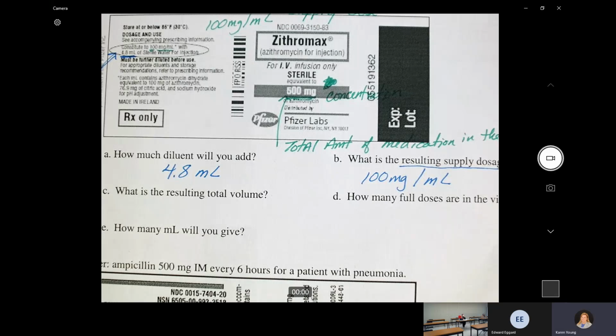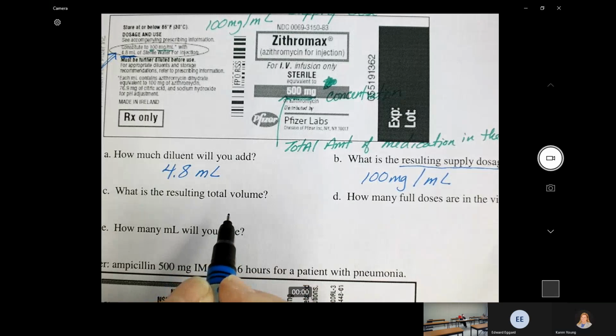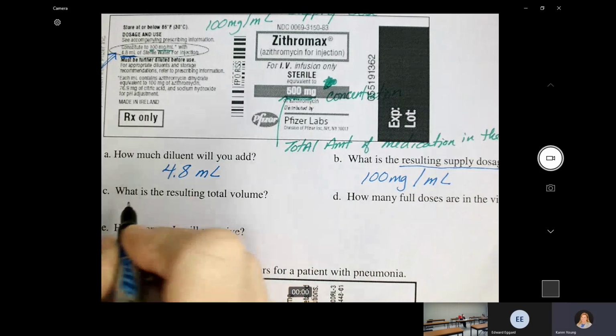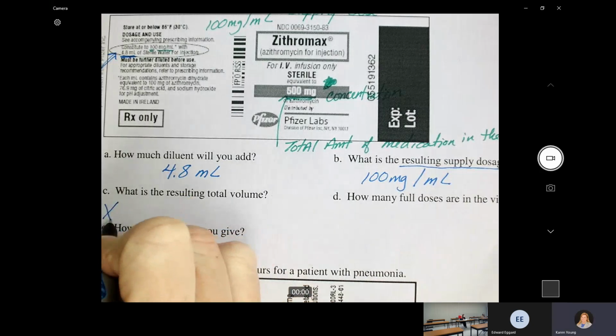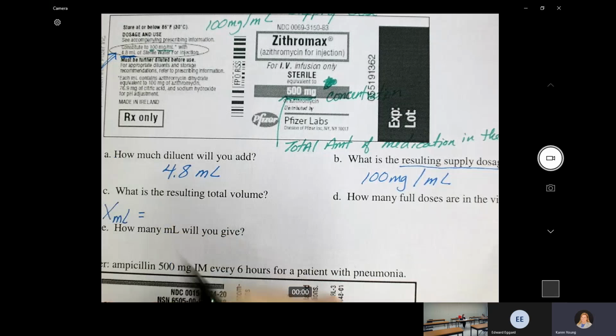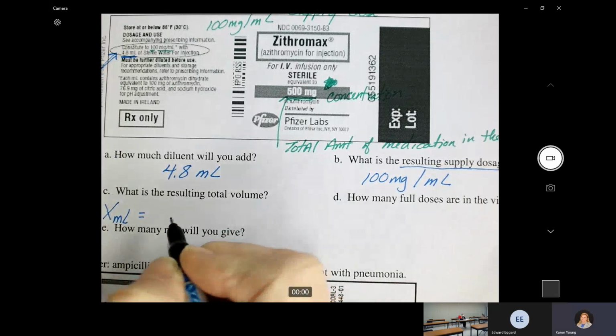All right, so what is the resulting total volume? I just drew a huge blank, and I know how to do this. Oh, okay. So the resulting volume is going to be in milliliters.